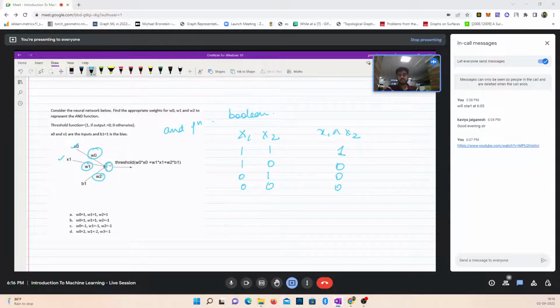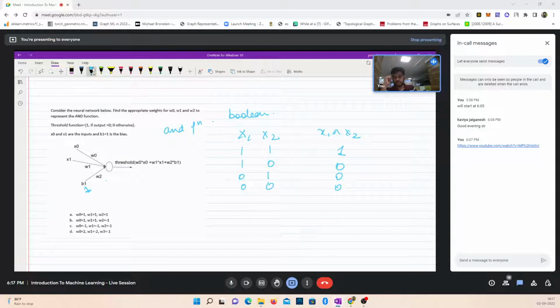So we want to mimic this via this neural network, so that it gives us the output accordingly. They have said B1 is equal to 1, the bias, is also given to us. So what should be our W0, W1 and W2 so that this gives us this?